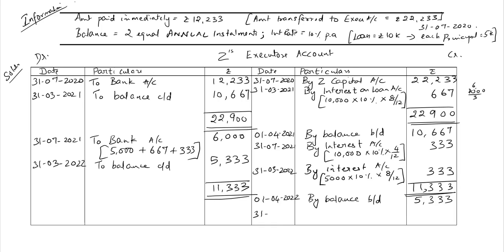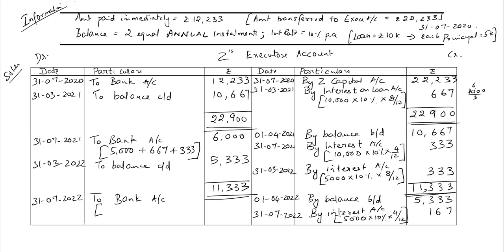The next installment, the second and final installment, payable on 31st July 2022 by interest account. We'll accrue interest on 5,000 rupees at 10% for the balance 4 months. Comes up to 167 rupees. On the same date, 31st July 2022, to bank account.